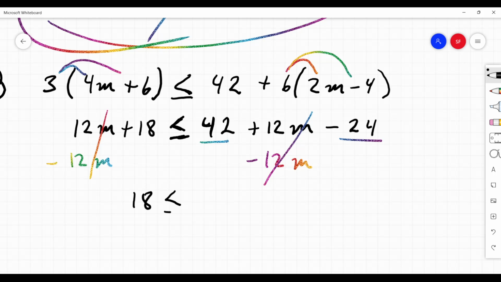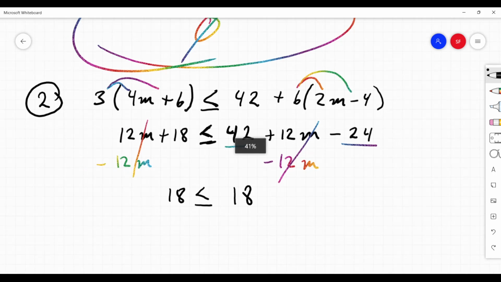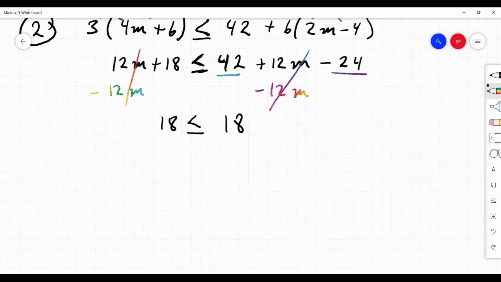What's 42 minus 24? 18. Yeah, it is 18. So is that a true statement or a false statement? It is a true statement, so our answer is all real numbers.